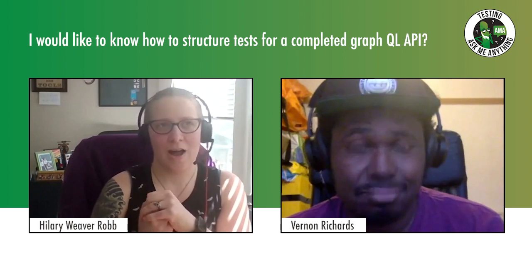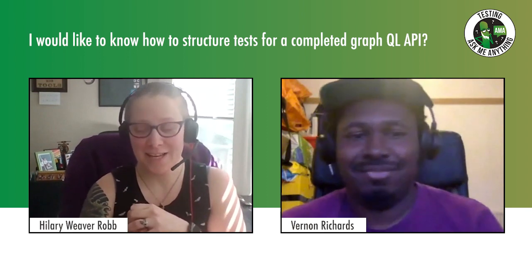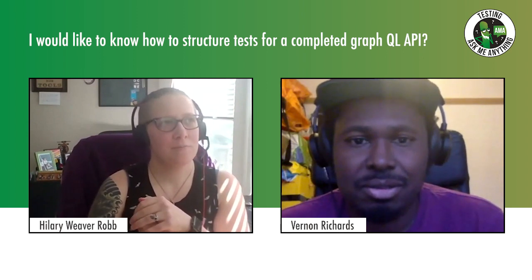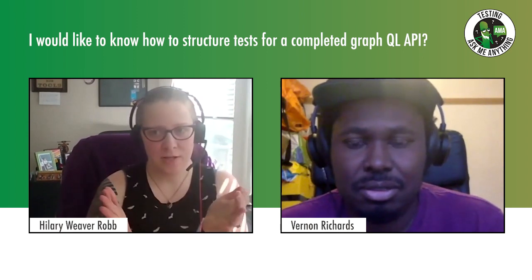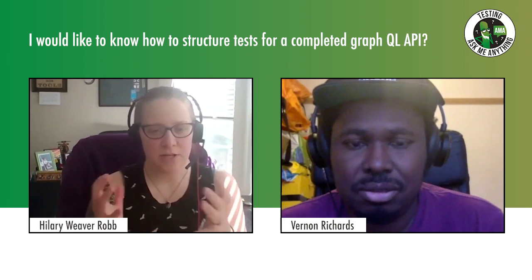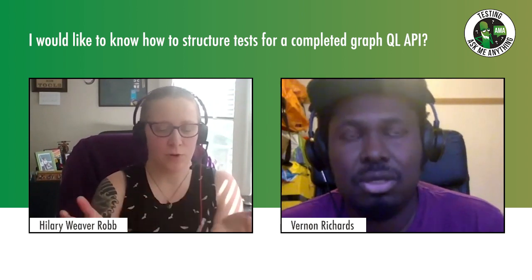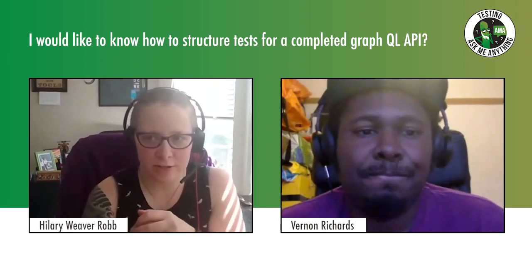Okay, so I have not had the pleasure of testing a GraphQL API as of yet, but my approach is to test every endpoint, but I also think of the different scenarios for those kind of user journeys like we talked about.